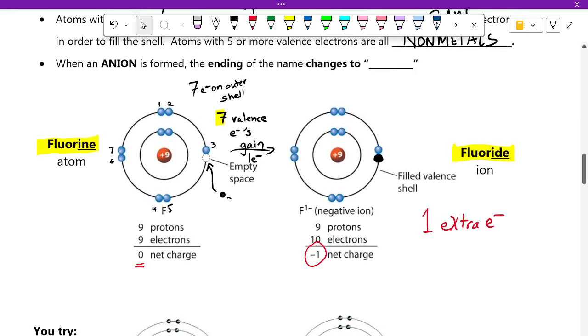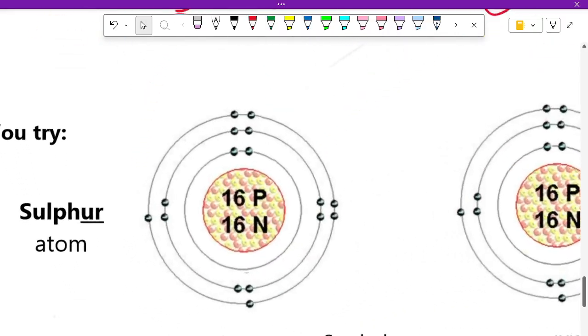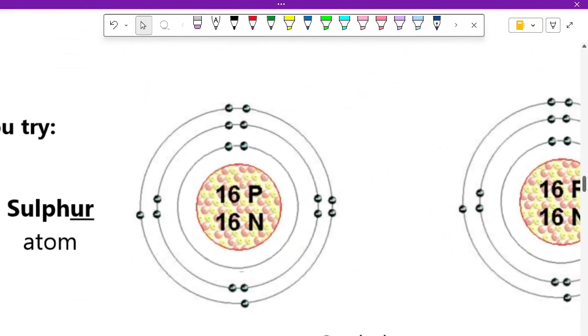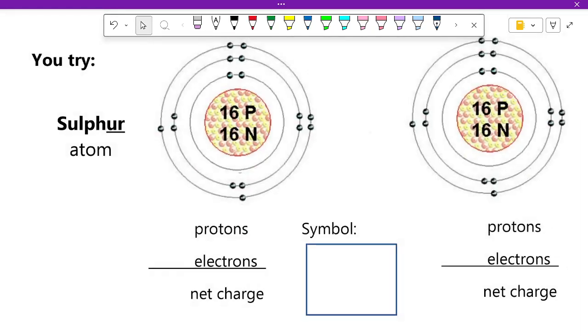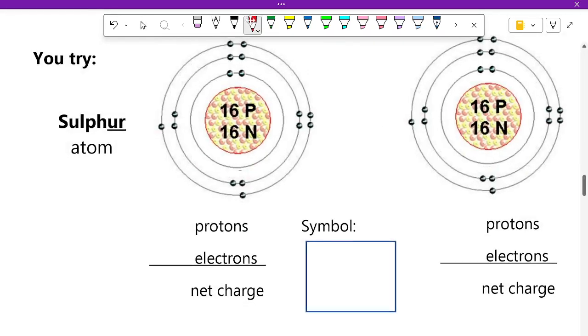And now you guys are going to try the next one. What I've got here is a sulfur atom. It's been drawn for you. Sulfur is atomic number 16, so it has 16 protons. There are 16 electrons here. You're going to write down how many protons it has. 16.